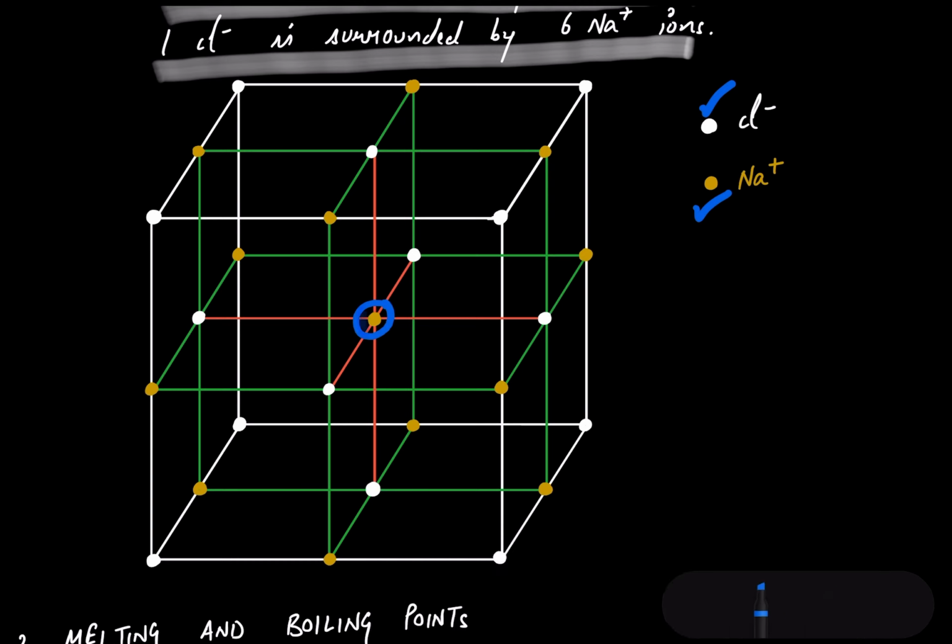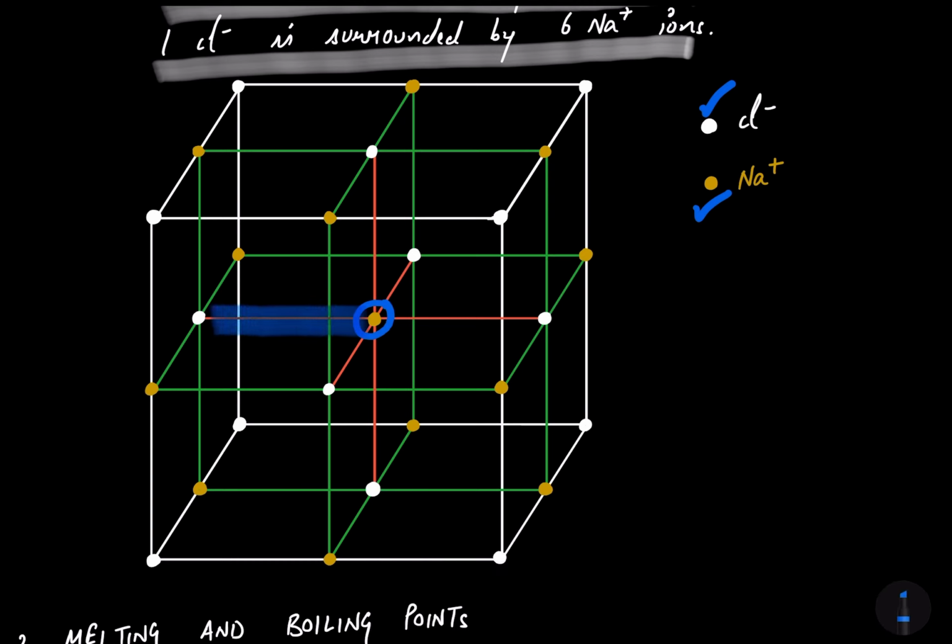This is the first ionic bond with the first Cl-, the second ionic bond with the second Cl-, the third ionic bond with the third Cl-, the fourth with the fourth Cl-, the fifth with the fifth Cl-, the sixth with the sixth Cl-. So here we got that one Na+ forms 6 ionic bonds with 6 Cl-.